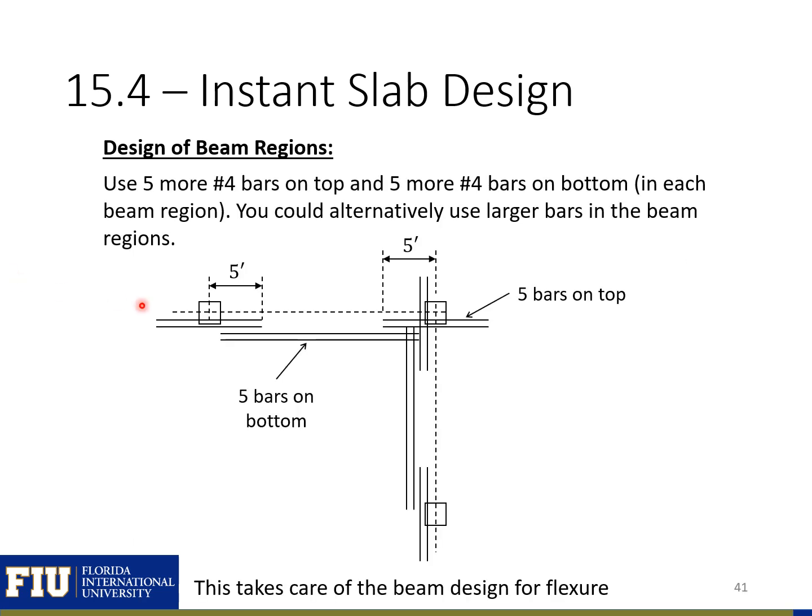So in our beam regions, we'll need 5 more number 4 bars on top and 5 more number 4 bars on bottom. And we'll extend the negative bars 5 feet into the adjacent slabs. So doing this is going to take care of our beam design for flexure.